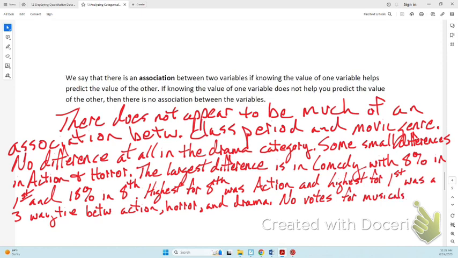So let me write something up here. Association and what that's implying, and independent or no association and what that's implying.